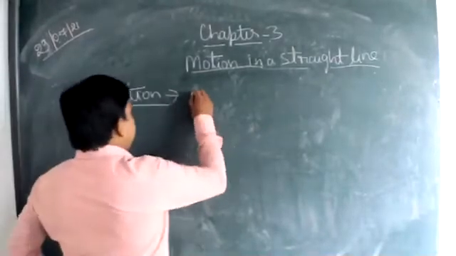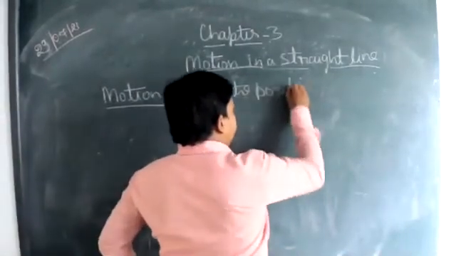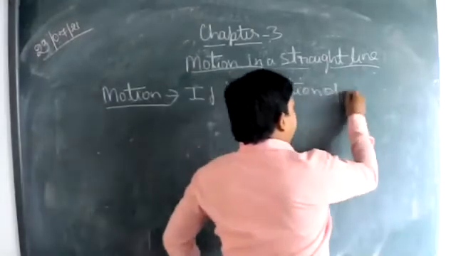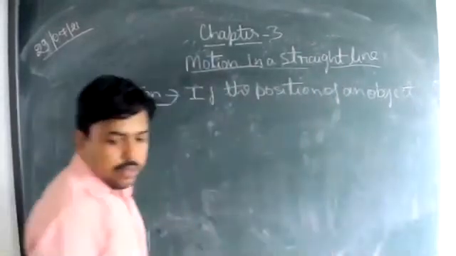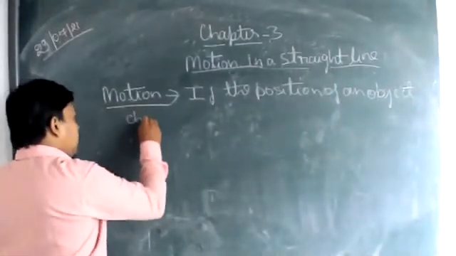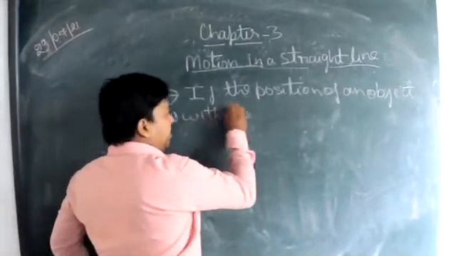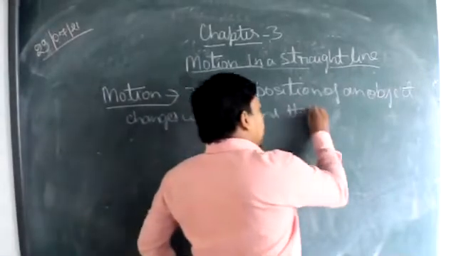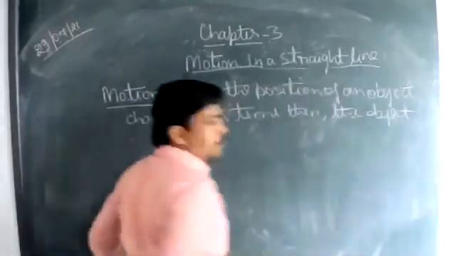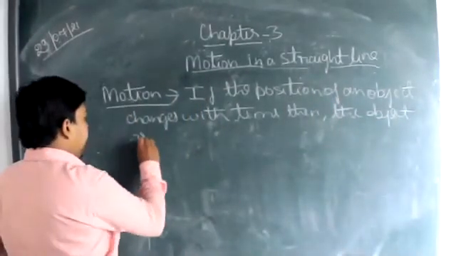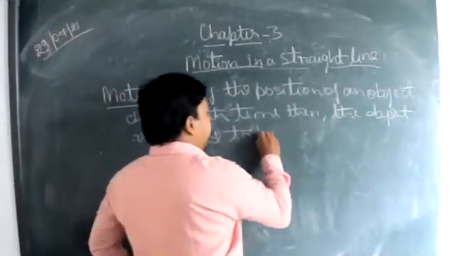If the position of an object changes with time, then the object is supposed to be moving.